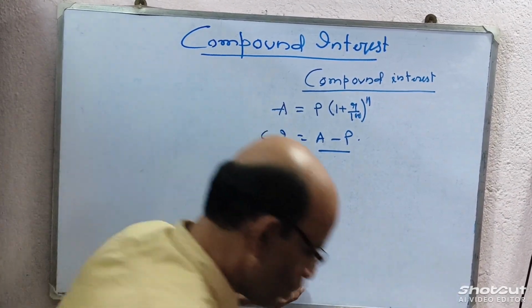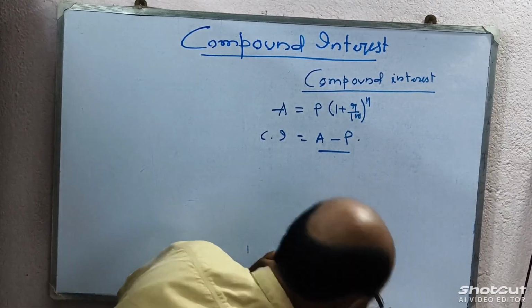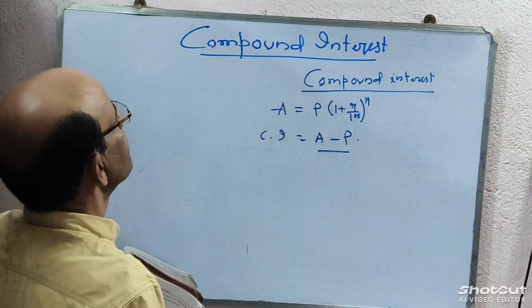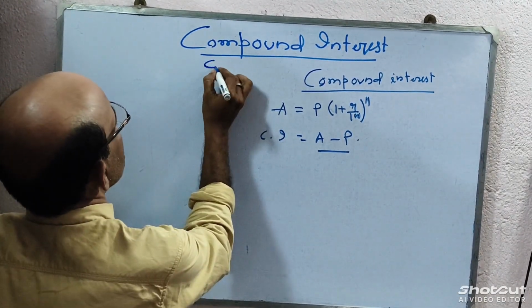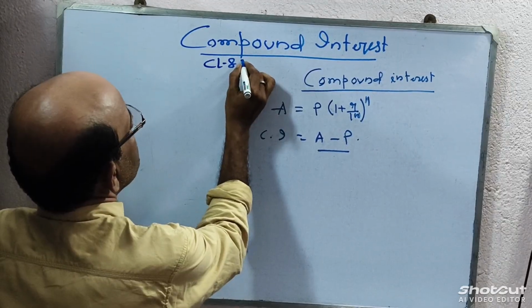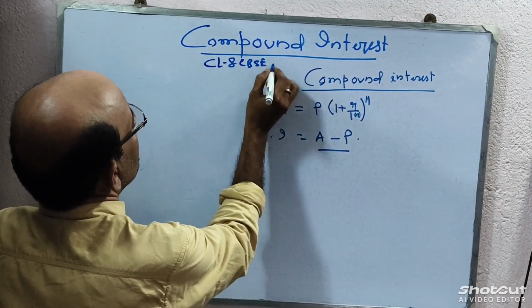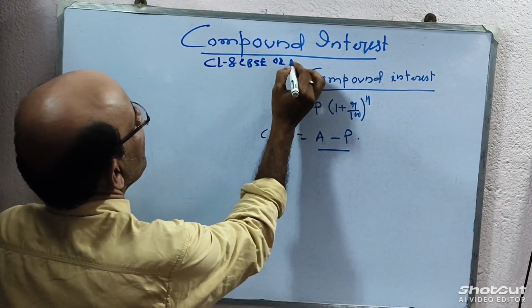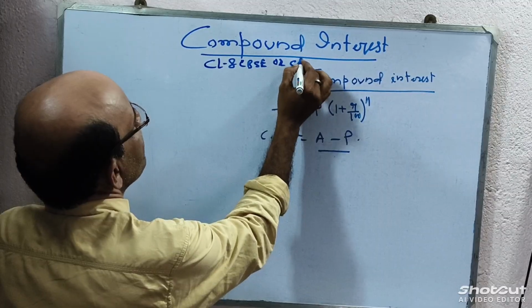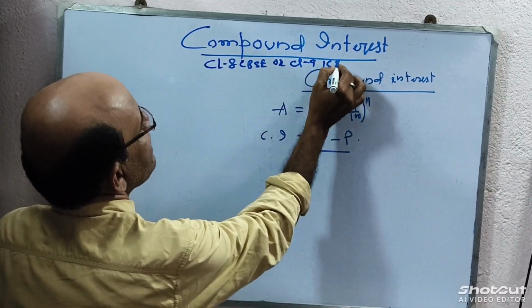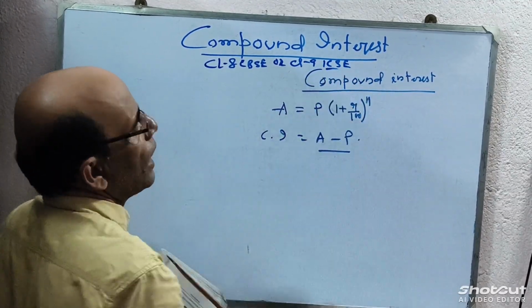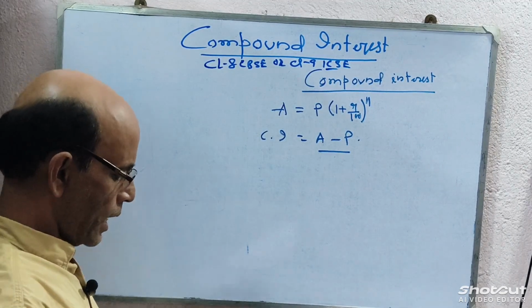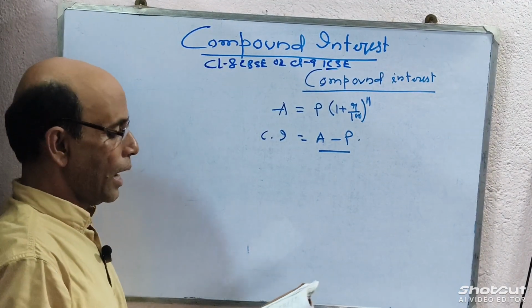Okay, without using formula is only one from R.S. Agarwal. This will be helpful for the student of class 8 CBSE or class 9 ICSE, Concise, and CBSE R.S. Agarwal.